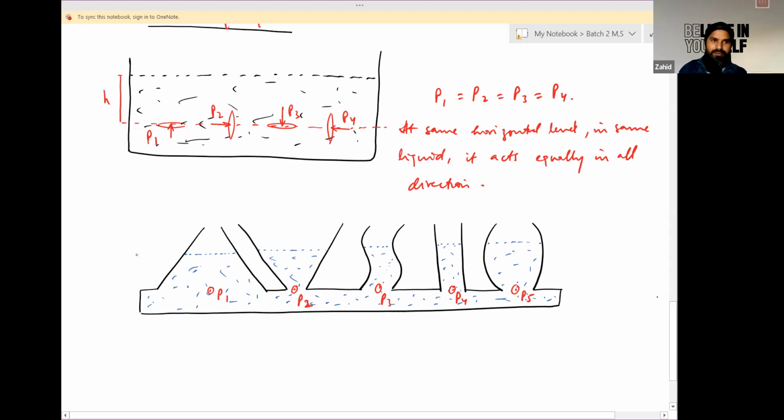As the depth of liquid from its top is H, the same for all these 5 different shapes of container, but the amount of liquid is different in different containers. So as I defined above, pressure at the same depth will be independent of the amount of liquid. So it will be P1 equals P2, P3, P4, and P5.